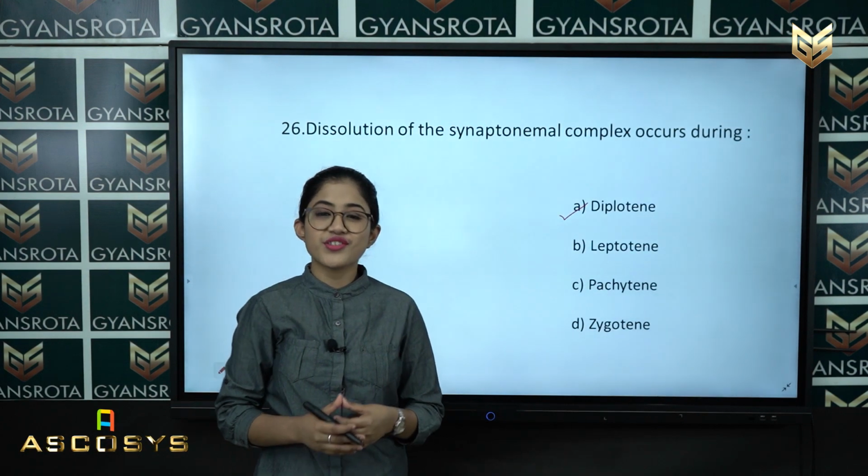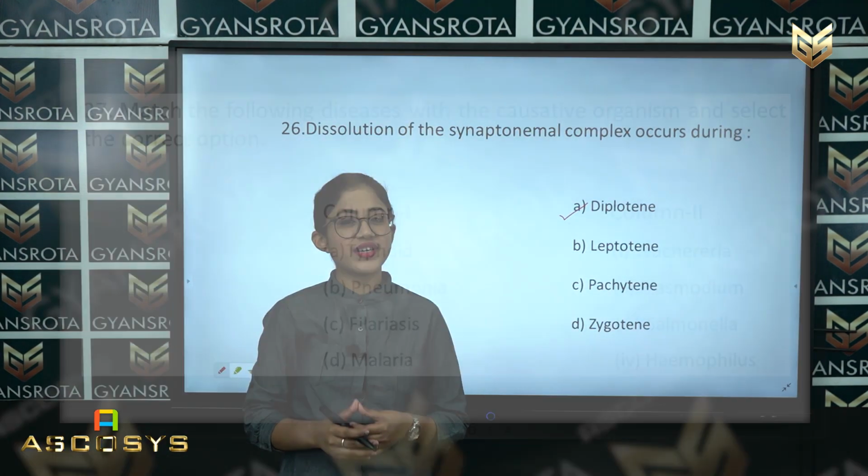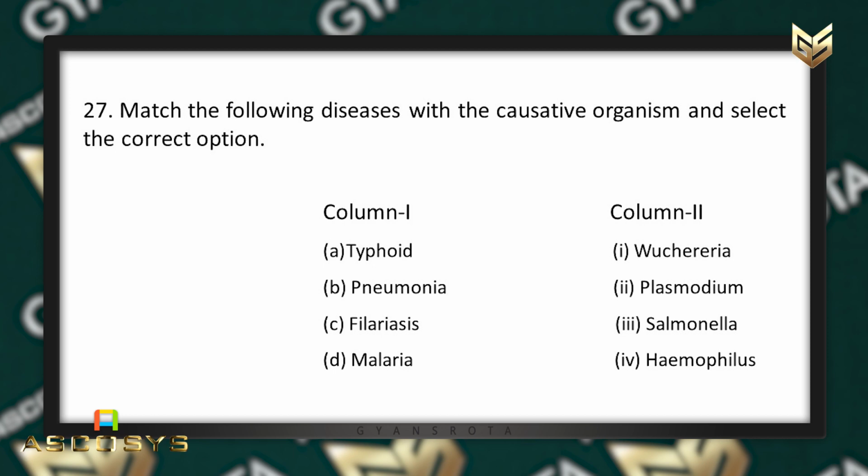Now let's move on to the next question, question number 27. Match the following disease with the causative organism and select the correct option. In column 1, it is written typhoid, pneumonia, filariasis and malaria. In column 2, the causative organisms are Wuchereria, Plasmodium, Salmonella and Haemophilus.